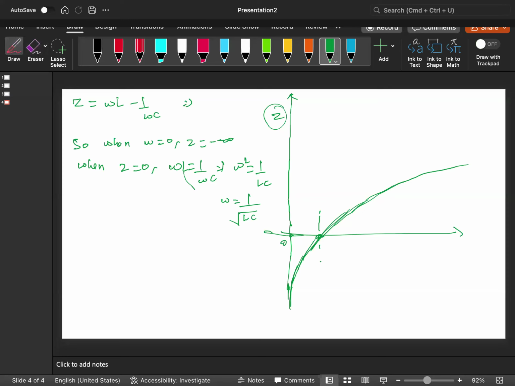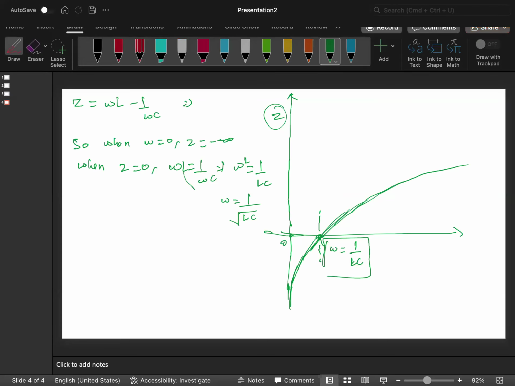Have you ever seen this kind of thing earlier? Could you remember the resonance condition? LC oscillation. If you could remember, in the previous chapter we discussed LC oscillations.